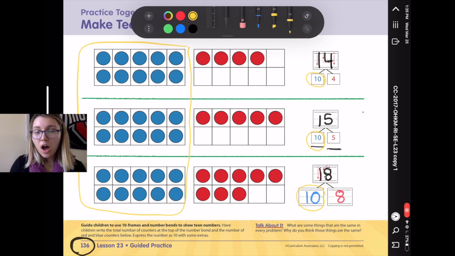And all of our teen numbers are made up of 2 numbers put together. So see how there's a 1 and a 4, and then there's a 1 and a 5. They're not added together. 1 and 5, that's not 15, that's 6. But when we write 1 and 5, there's no plus sign, there's no space.